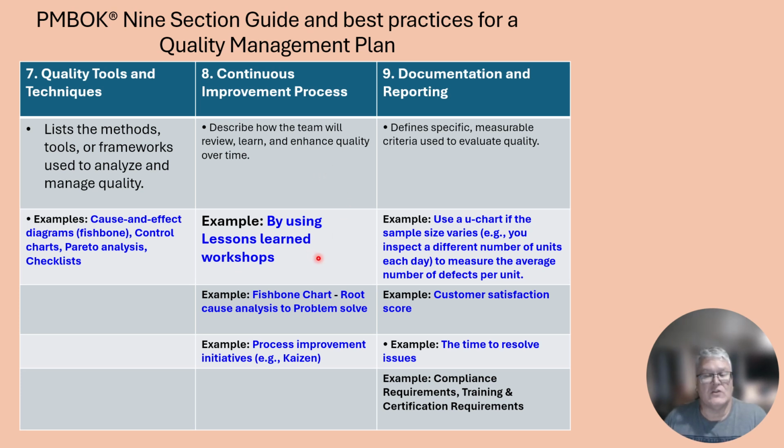Using a lessons learned workshop after a project can be done. Using a fishbone chart to do root cause analysis to problem solve. And doing Kaizen events. Those are coming together and looking at a process, looking at a product, and brainstorming and figuring out where did this go wrong, and then improving upon it.